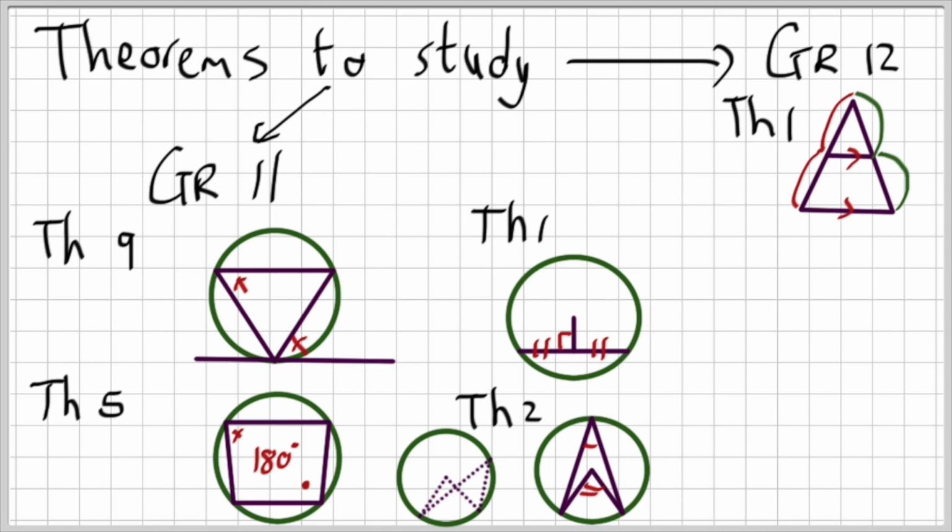That one I have seen asked in the exam. But they could also ask you Theorem 2, which is if the corresponding angles are the same, then the triangles are similar, and that there is a ratio that exists between the corresponding sides.